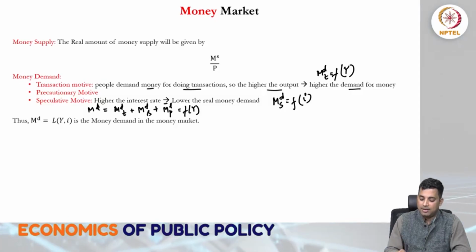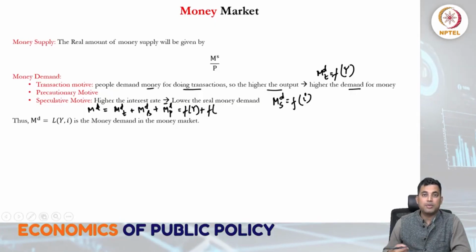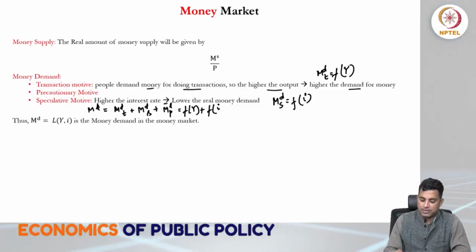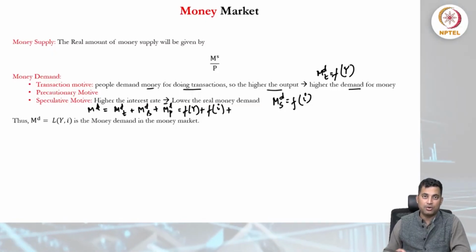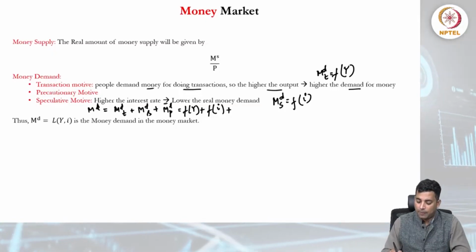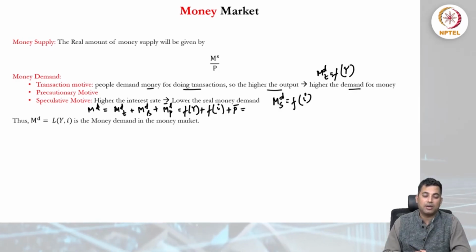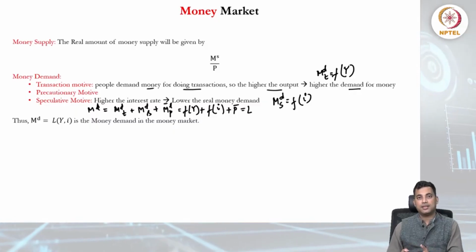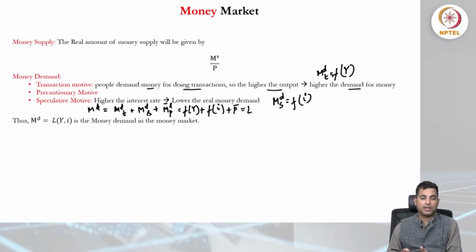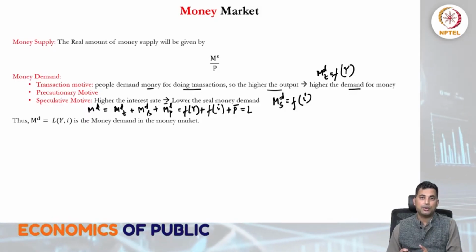Just for simplicity, we can show that speculative demand for money is a function of I, and precautionary demand for money, which is not depending on the market, not depending on the transactions, let's say it is constant. So for simple understanding, if we consider this as liquidity, for liquidity purposes, what amount of money we require and how it is related to which factors.